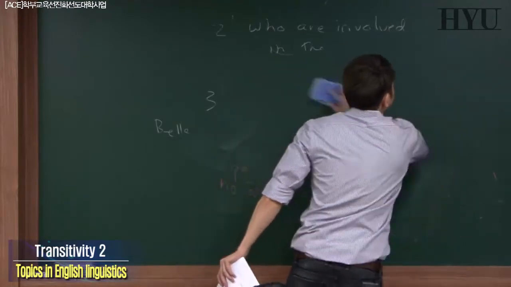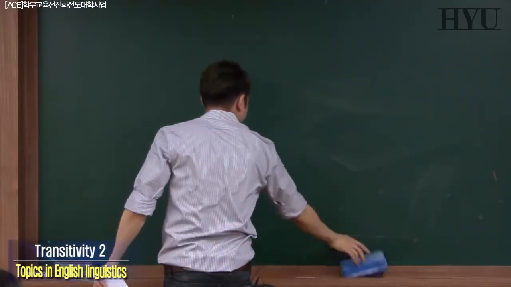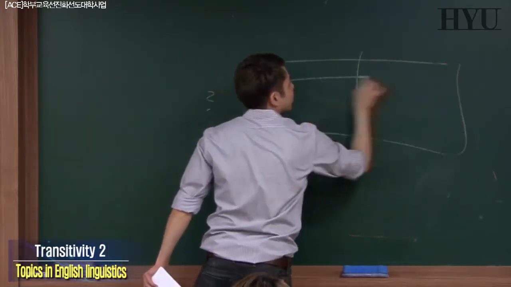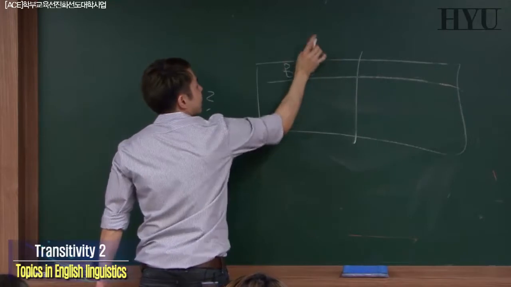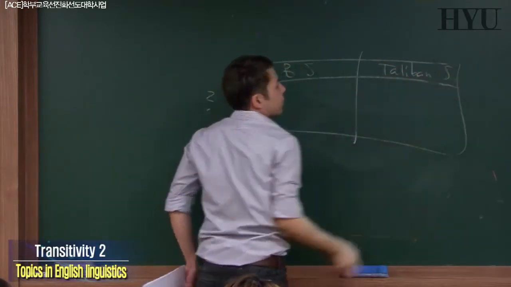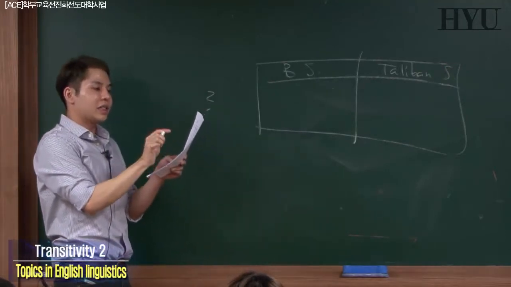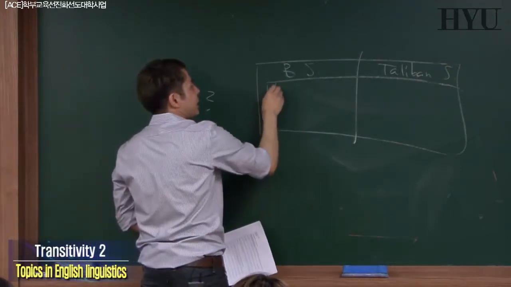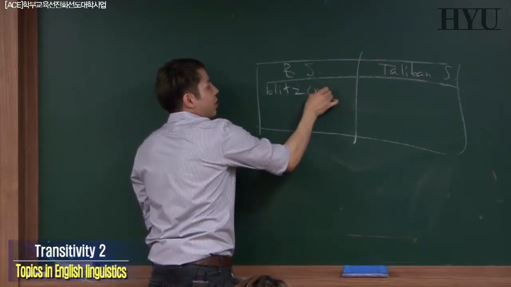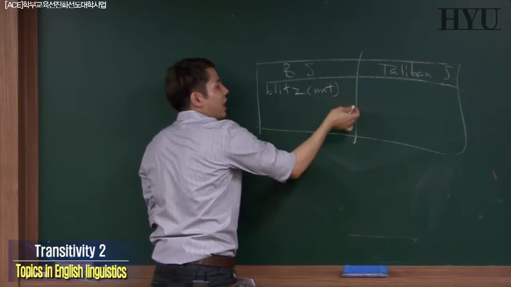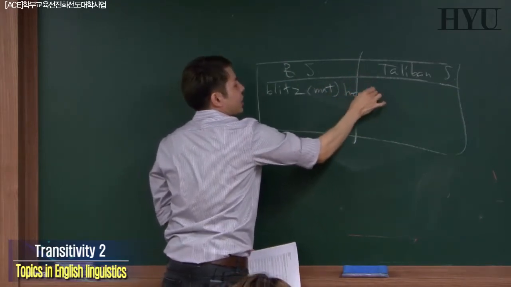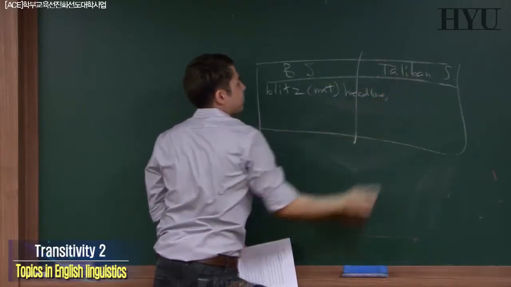I have two columns in the table: the processes of the British soldiers, BS, and this side is the Taliban soldiers. So in the first line you see blitz as the process. You say material like this, and then I indicate that it's in the headline for ease of reference, okay?